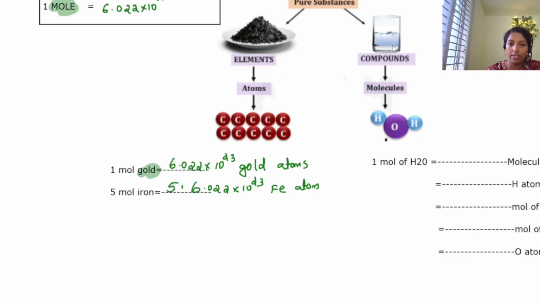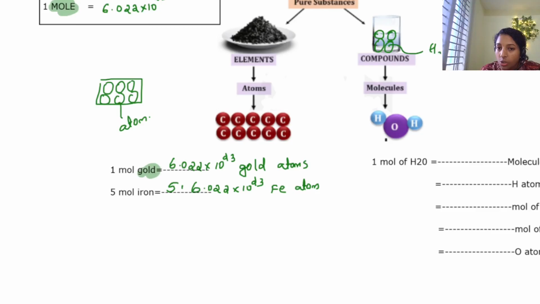Let's see the difference with compounds. When you think about gold, the element is composed of some repeating unit, and that repeating unit is the atom. But if you take one glass of water, there also you can see a repeating unit, but that repeating unit is not an atom. In the case of water, it is H2O.